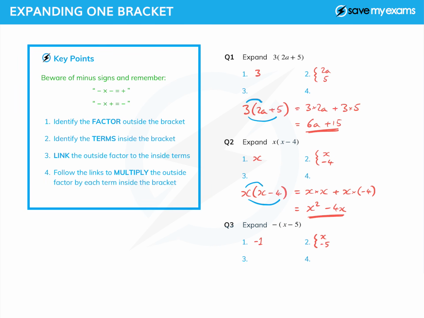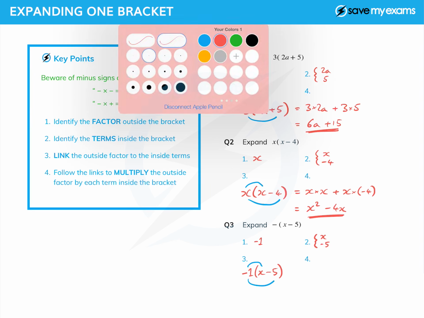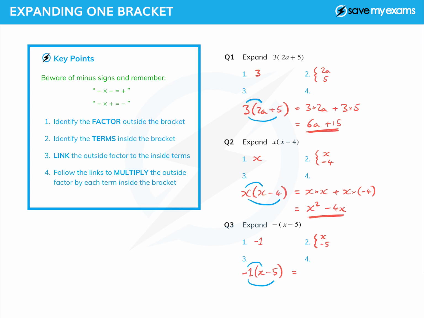And now rewriting the question, but I'm going to do it with a minus 1, so minus 1 times (x minus 5). I can now link my factor outside to the terms inside. Minus 1 and x get linked, and minus 1 and minus 5. As I say, hopefully you'll be able to do all of this in your head fairly soon.